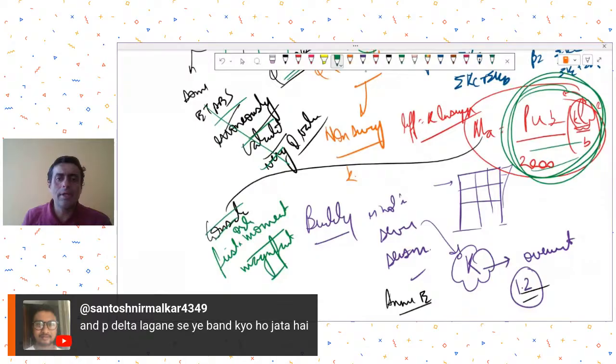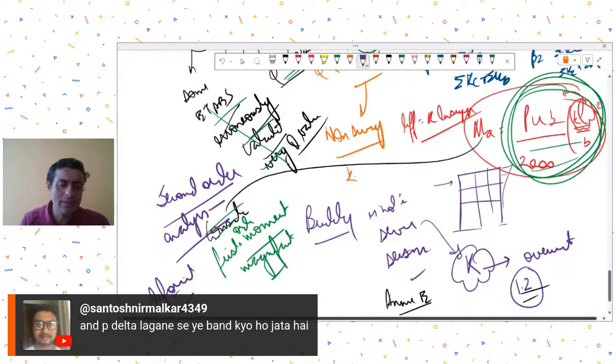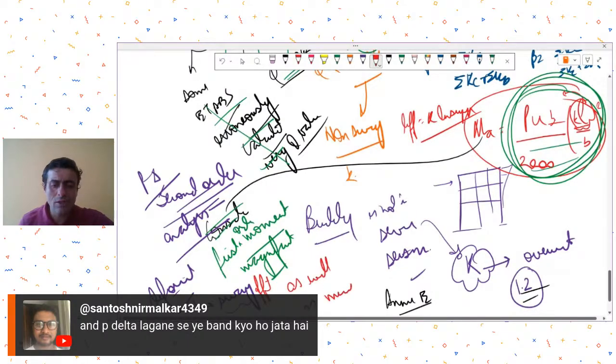So when you apply P delta, basically what you are doing is the second order analysis, and when you do the second order analysis, you are considering the deformed geometry, and you are basically accounting for the sway effects in the analysis itself, as well as the member effects along the length.